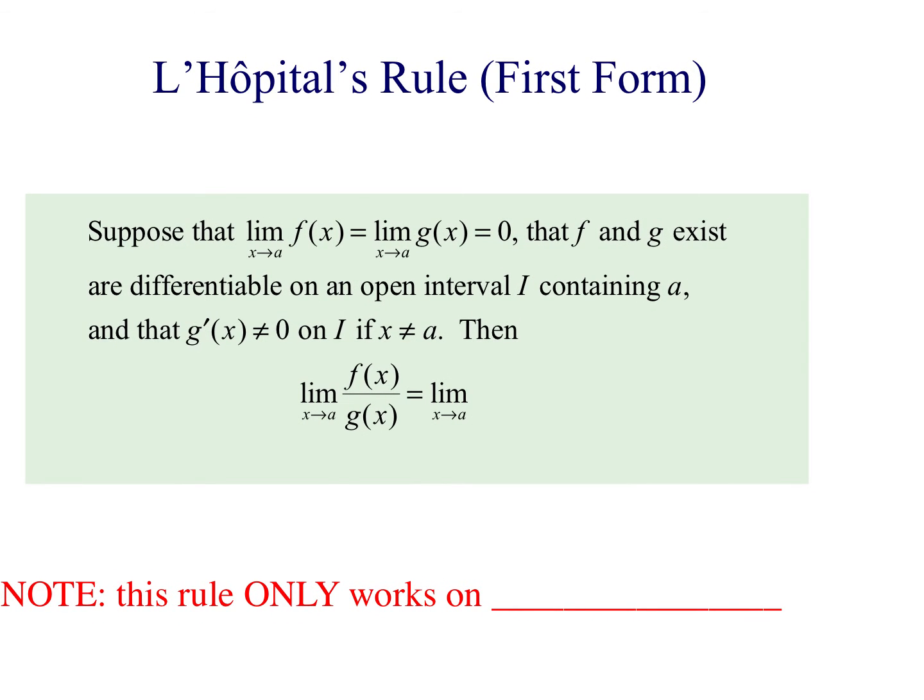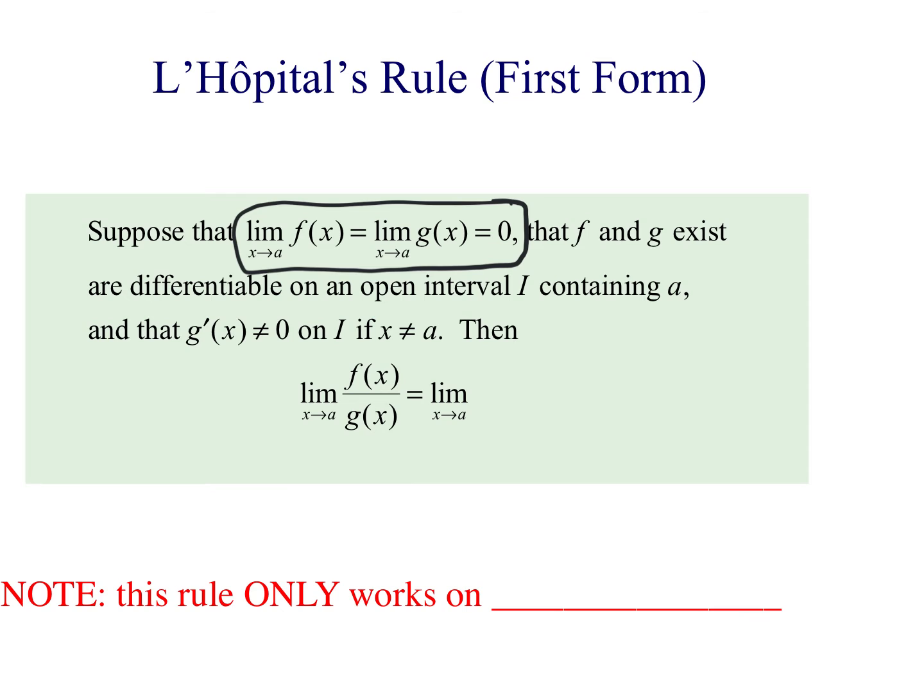Suppose that the limit of f of x and the limit of g of x are both equal to what? 0. Then if you stack them, f of x over g of x, what would you have on the top? 0. And what would you have on the bottom? 0. So classic indeterminate form.